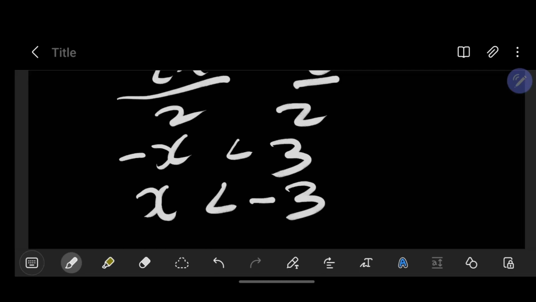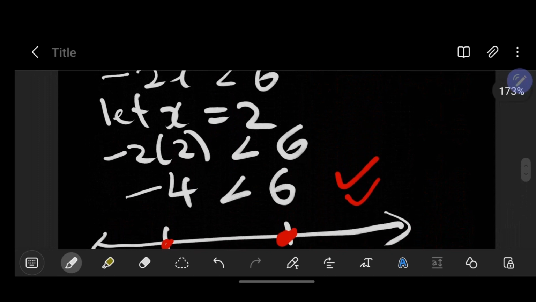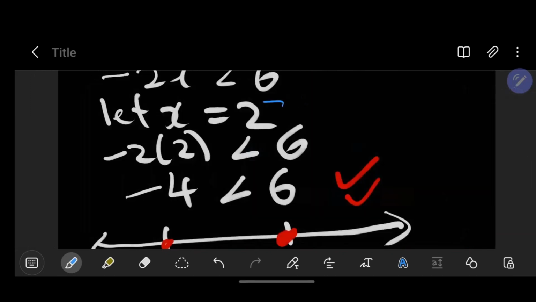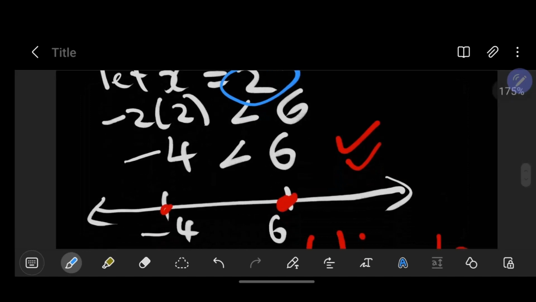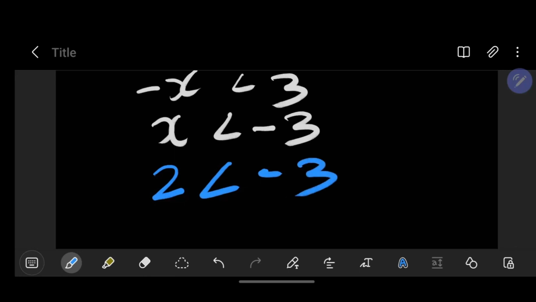However, we know from above that 2 is indeed a solution to this inequality. So if we make x 2, due to the fact that we know one of the solutions is that x can be 2, then 2 is less than negative 3.